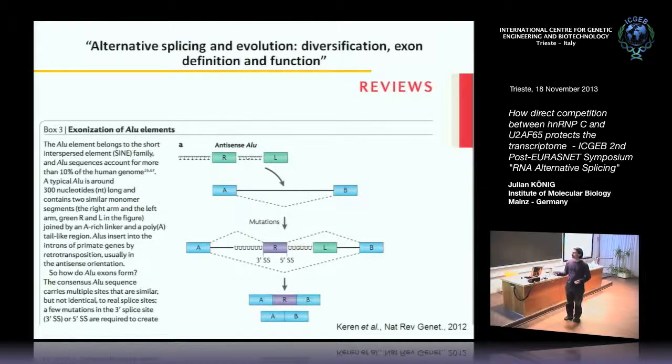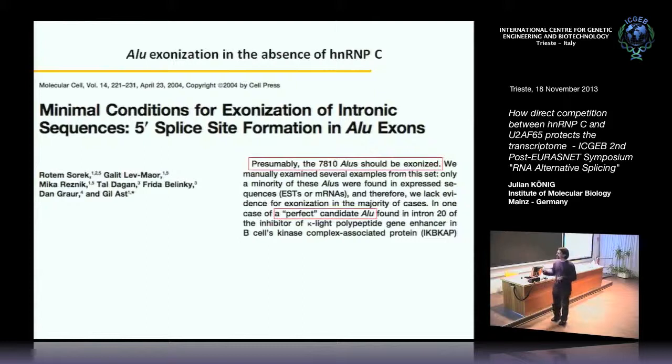A study from Jill Ast's lab found that there are about 10,000 Alu elements that have a very high probability of being exonized because their splice sites look like proper splice sites, but it was unclear why these don't become exons. So one possibility was that hnRNPC binds to all these intronic Alu elements and prevents their recognition by the splicing machinery, and therefore these aren't recognized as exons.